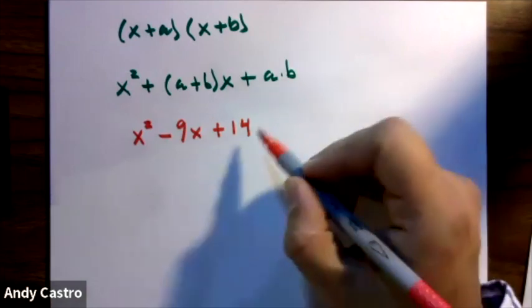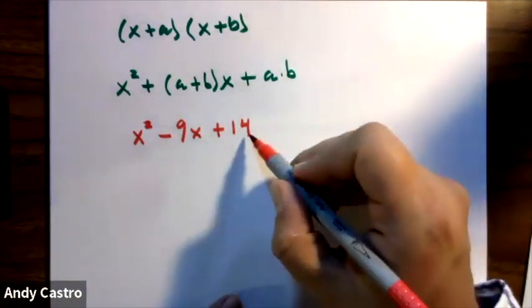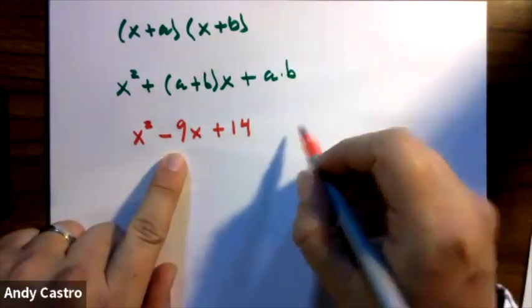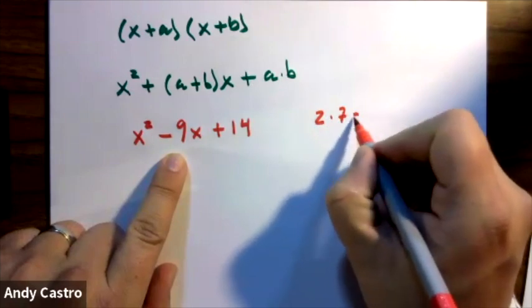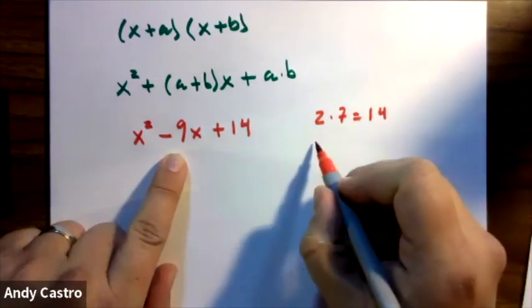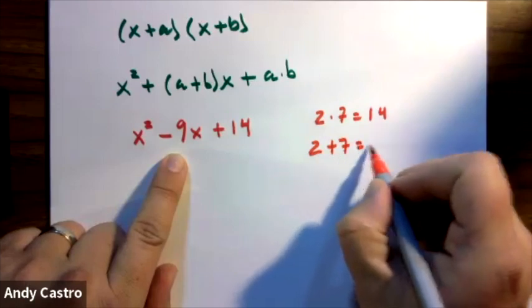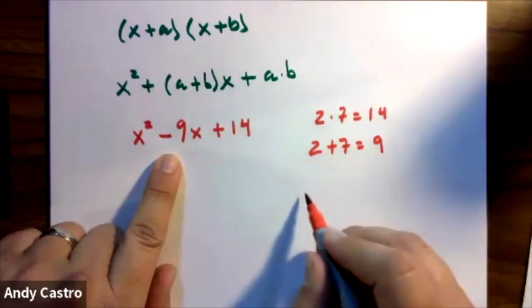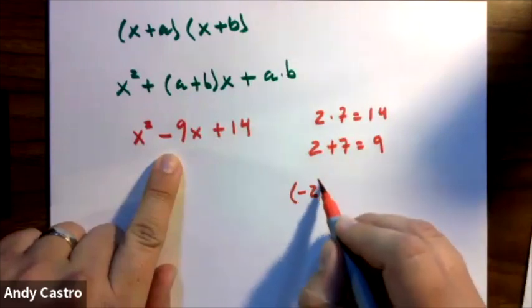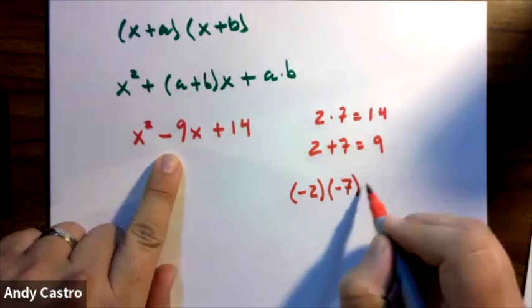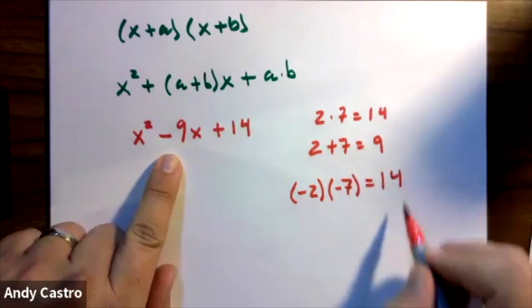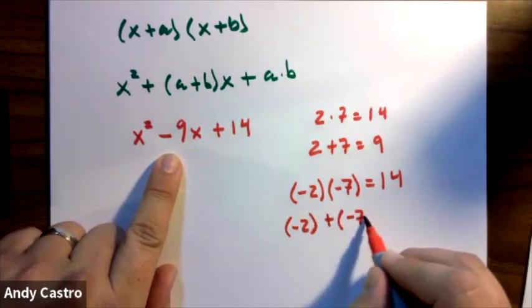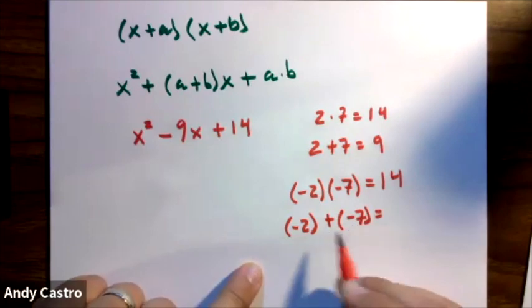All right. Well, 14 can be 1 and 14. It can also be 2 and 7. 2 times 7 gives me 14, but 2 plus 7 gives me positive 9, not negative 9. But what I also know is negative 2 times negative 7 gives me a positive 14. And negative 2 plus negative 7 is a negative.